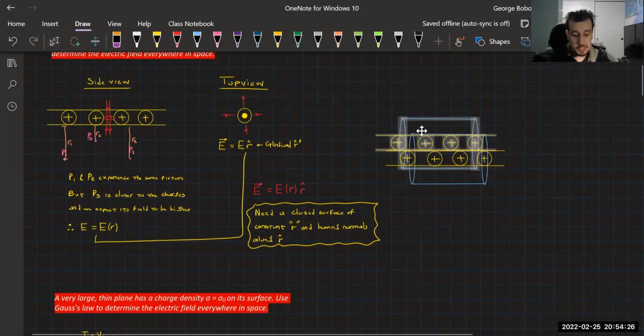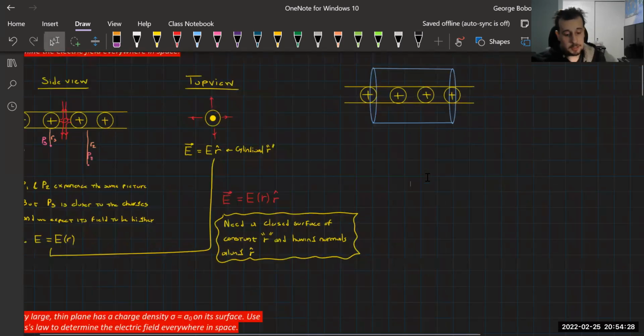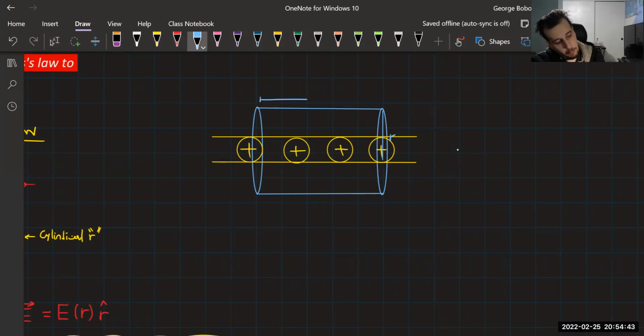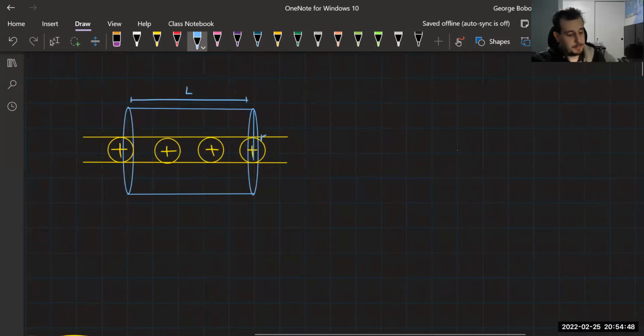So the Gaussian surface here, you get to pick again its radius and its length. You get to pick this R and you get to pick this L, whatever you desire.